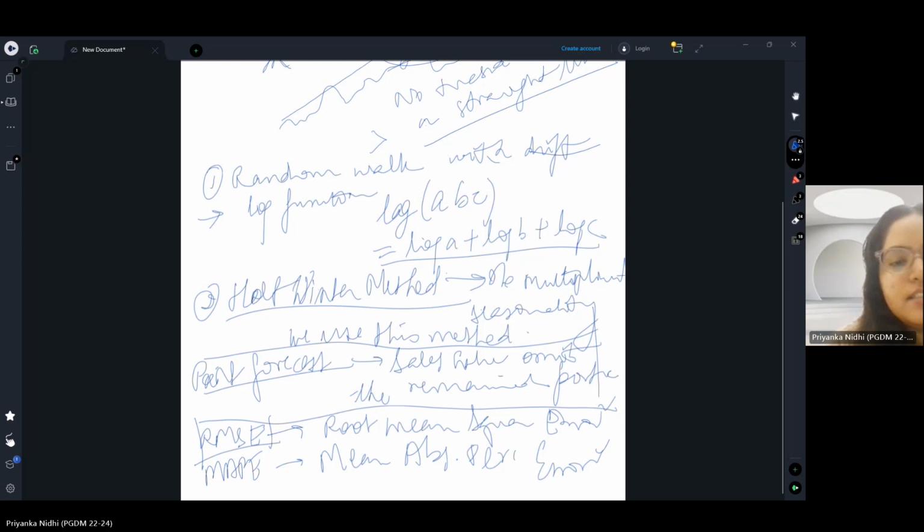So we check these two errors to find the accuracy of our model, accuracy of the method. So the lower these errors, the better the method. So it has been found that the error is lower in random walk with drift method. So we prefer that method.